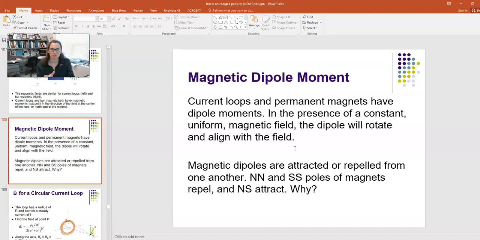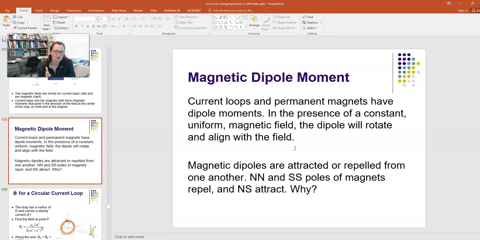That's one phenomenon we're all used to in bar magnets. If you've ever held a compass, you know that in the presence of the Earth's field, the little bar magnet, the compass needle, will rotate to point towards the north. So magnetic dipoles will rotate in the presence of the field.